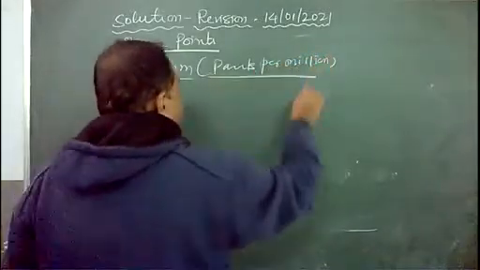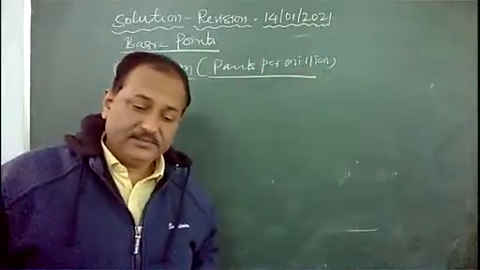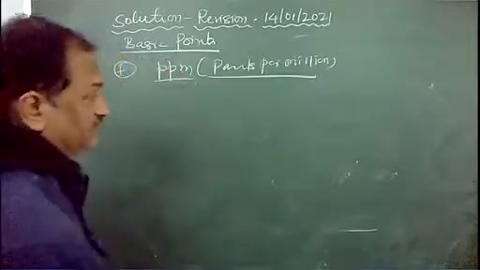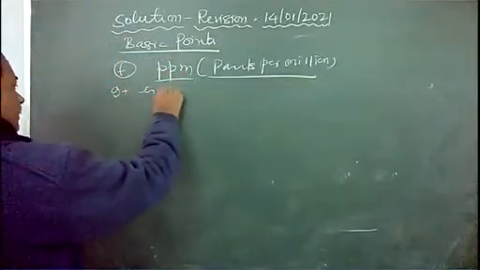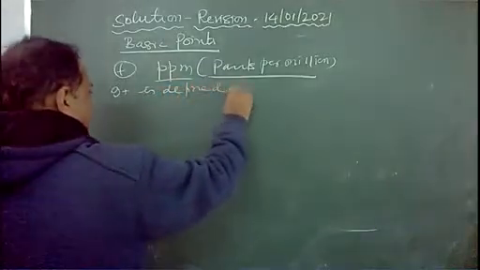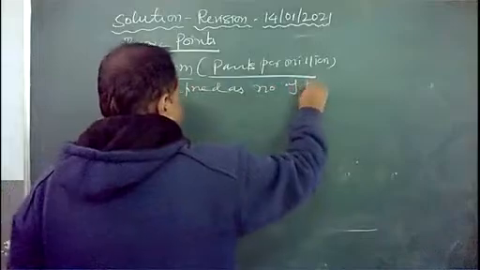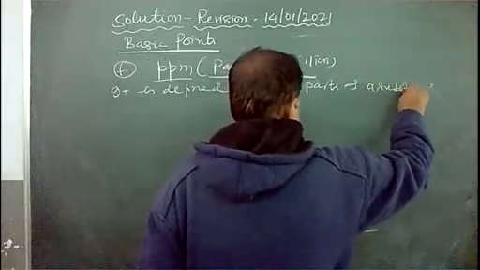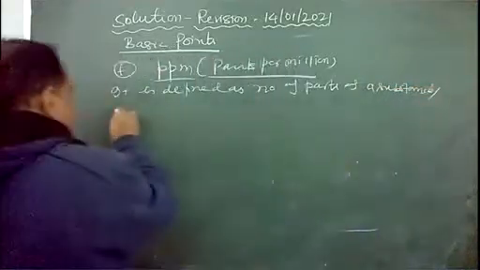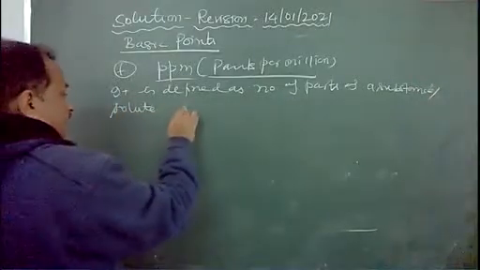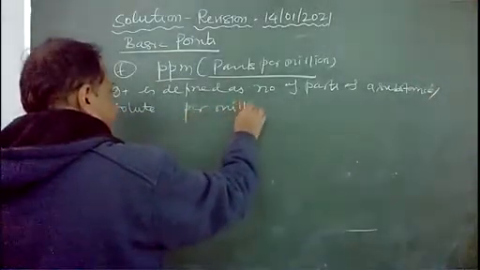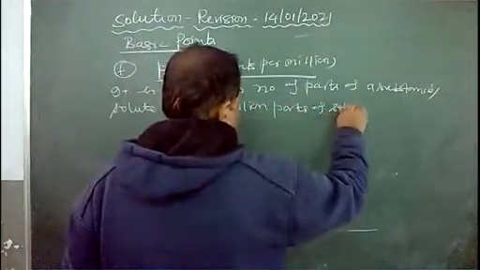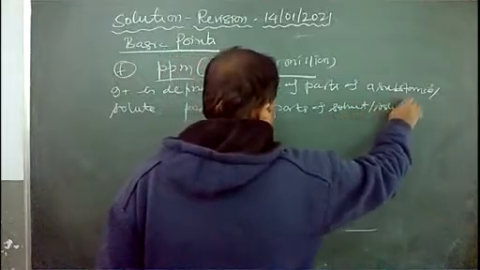Children, this is used for very small measurements, and is defined as the number of parts of a substance, you may say solute because it is in small amount, per million parts of solvent or solution.